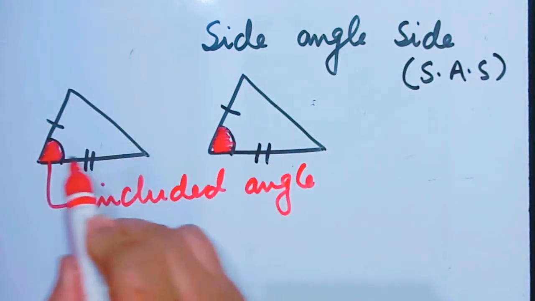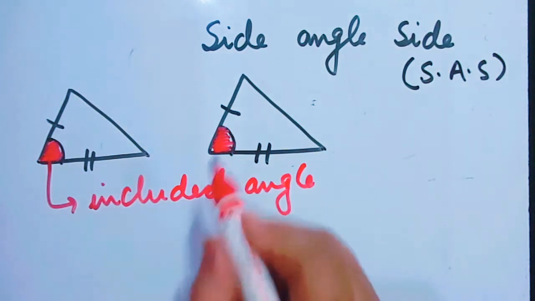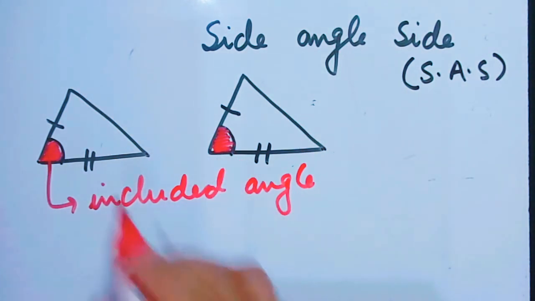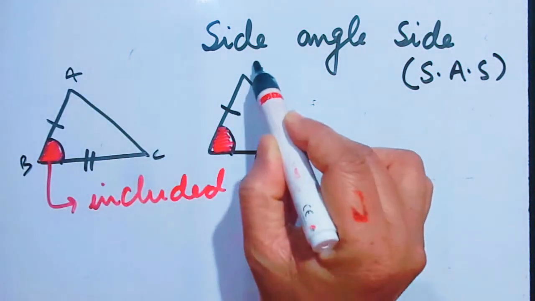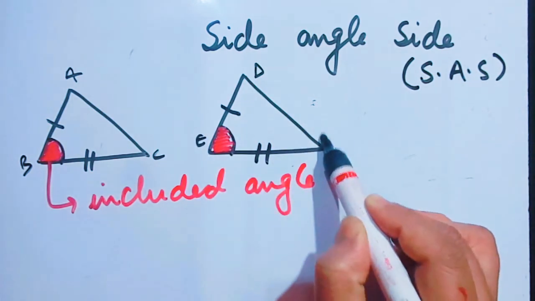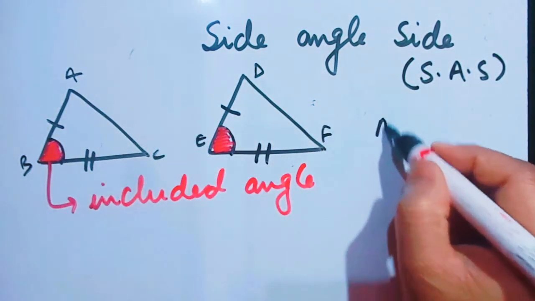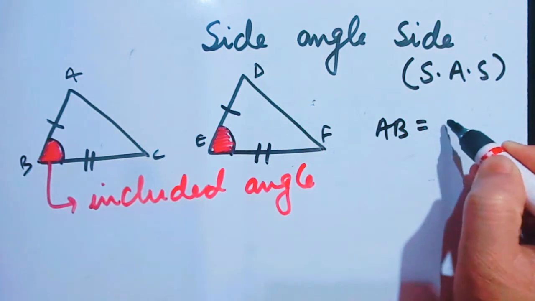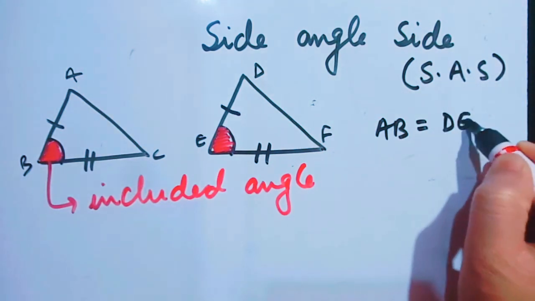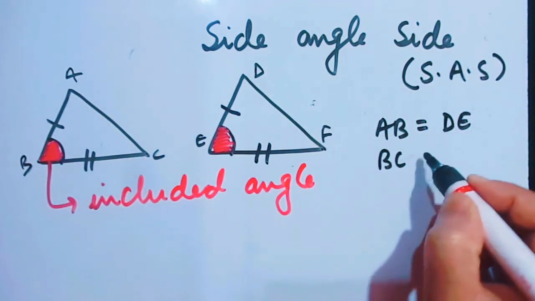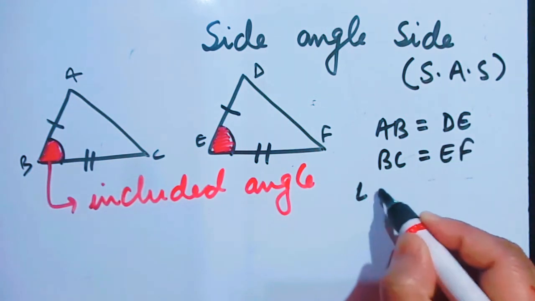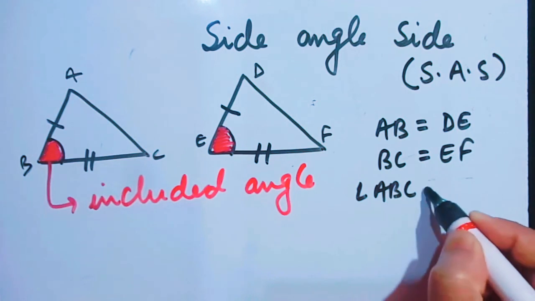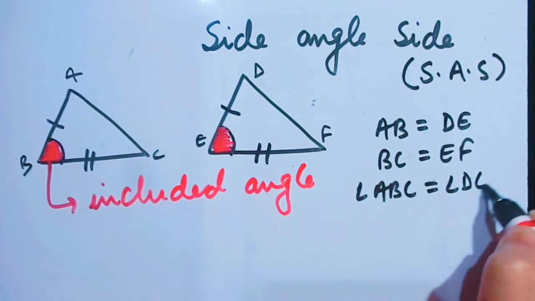and the angle included between them is also equal, this means let us write it this way: ABC and DEF. So what have they given you? They have given you AB equal to DE, BC equal to EF, and angle ABC equal to angle DEF.